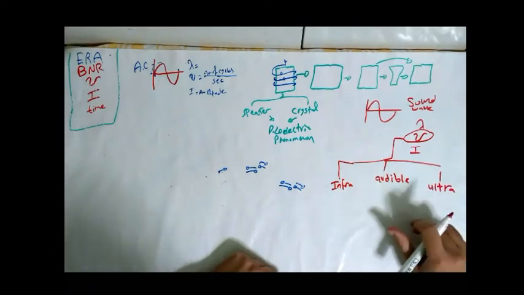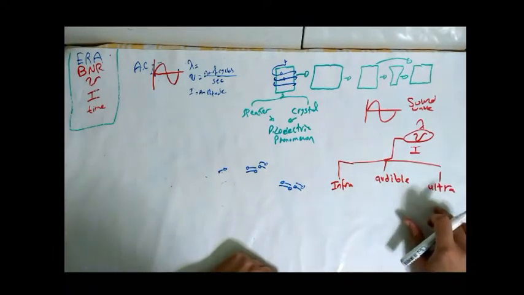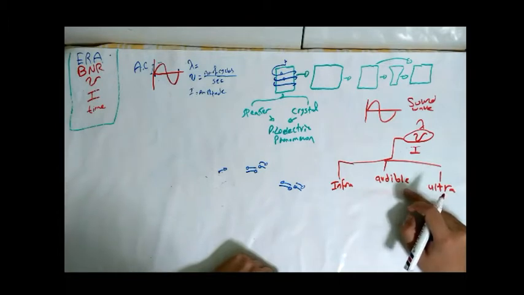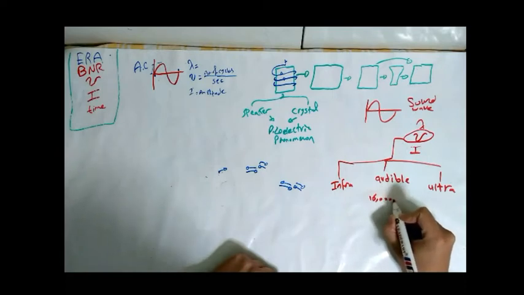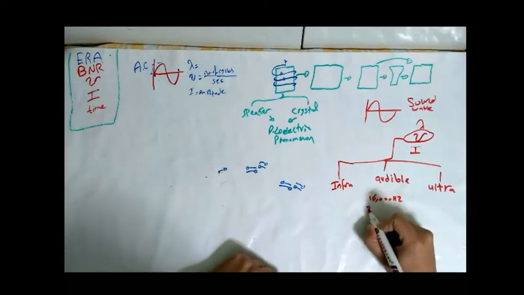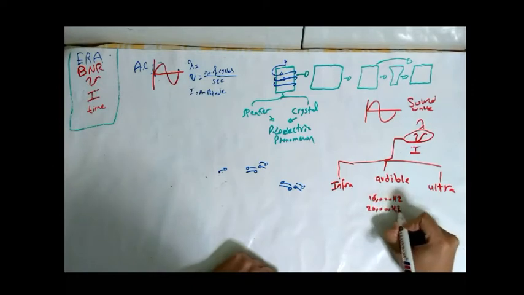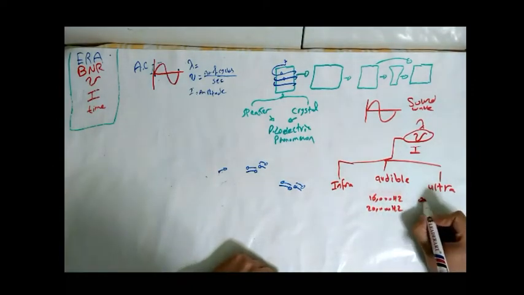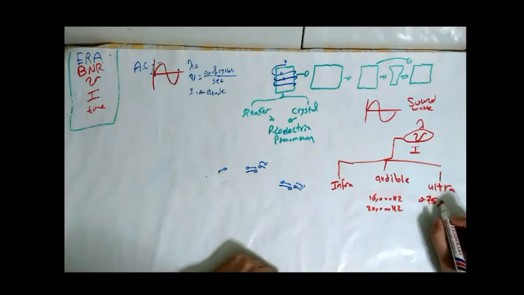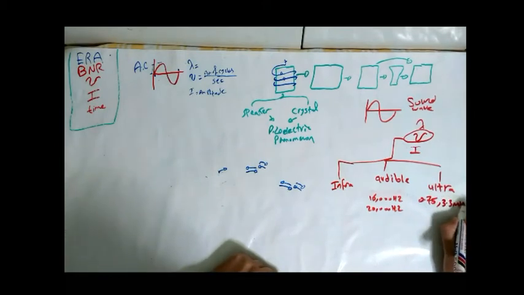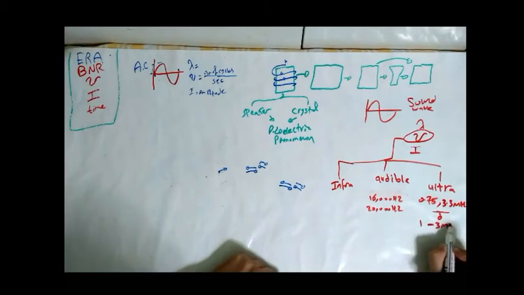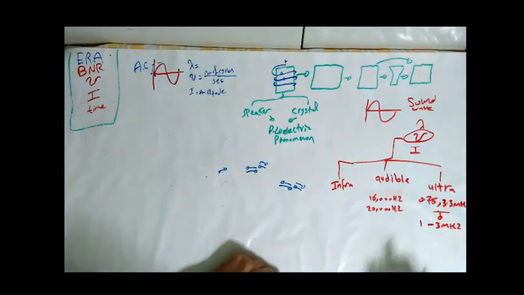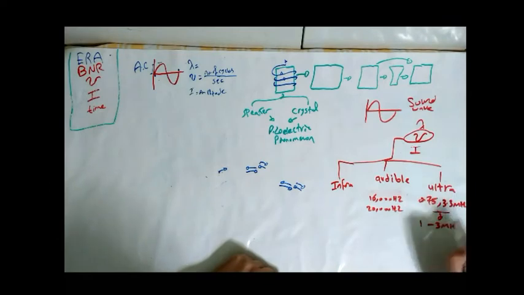Both infrasound and ultrasound, the human ear can't hear, while audible sound, the human ear can hear, ranging from 16 hertz to 20,000 hertz, while ultrasound ranges from 4.25 to 3.3 megahertz. In physiotherapy, when we're using ultrasound, we use frequencies ranging from 1 to 3 megahertz. The human ear can't hear this sound, but a pet can.